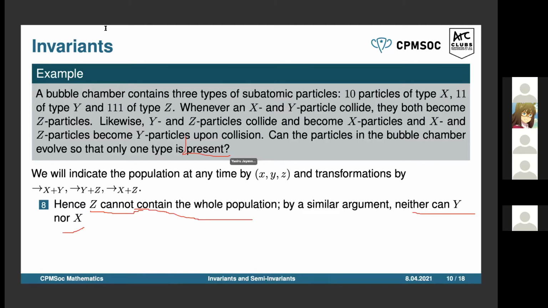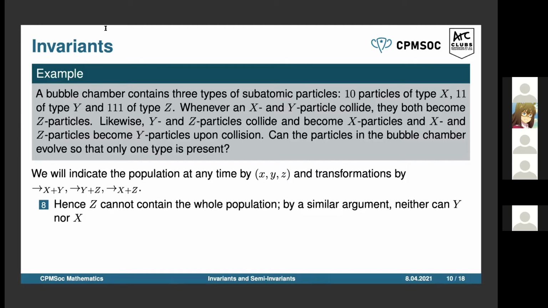So a summary of this solution: first, you would play around with these collisions, trying to see what numbers you can get, and also do some small cases to make it easy to spot patterns. The next step is to identify the invariant, which is looking at the difference between the number of X and Y, Y and Z, and Z and X, and seeing the modulo 3 invariant.